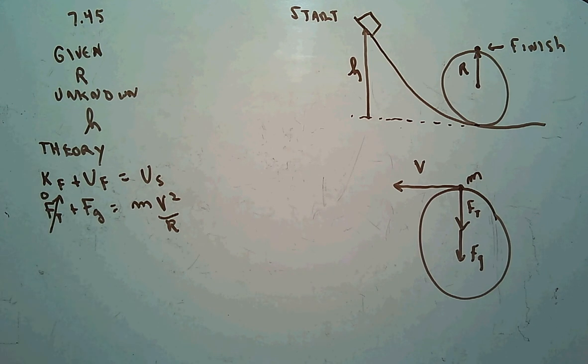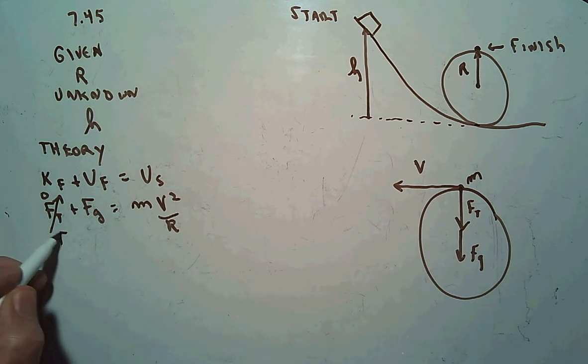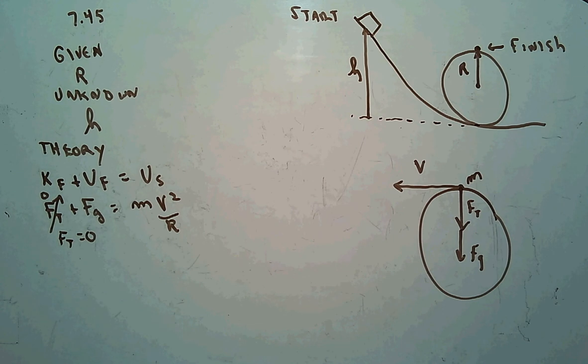That's the point at which it'll fall, okay? If the velocity is any less than the velocity required to keep it in contact, and the force of gravity is what provides that centripetal force. So let's go ahead and put in our theory that we're assuming that Ft equals 0 at the point that it would leave the track.